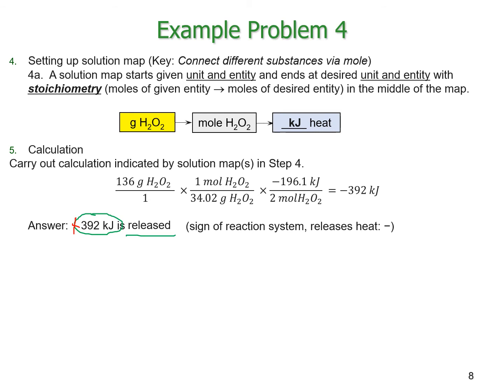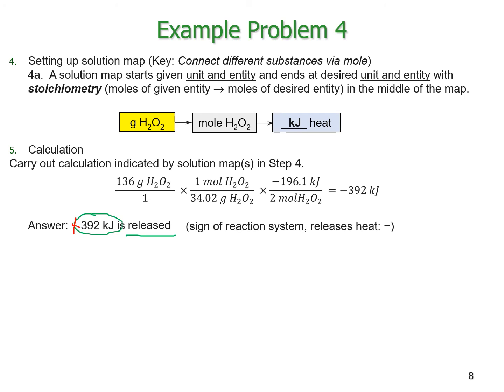Some people may ask, what happens if I pick negative 392 kilojoules? That means you are not going to get any credit if such a question is a multiple choice question. It's either 392 or positive 392. If you choose negative 392, no credit whatsoever.